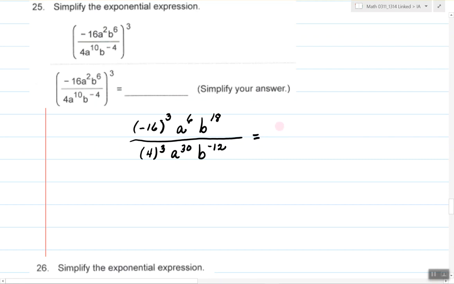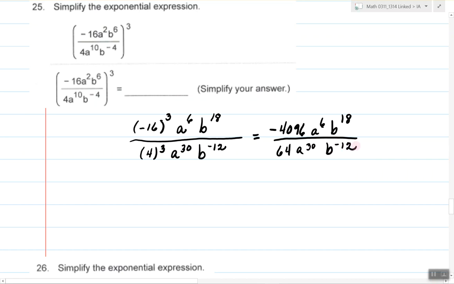Using my calculator, negative 16 to the third power is big. It's negative 4,096, a to the 6th, b to the 18th, over 64, a to the 30th, b to the negative 12.